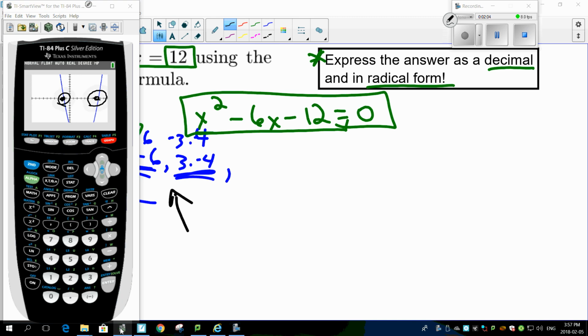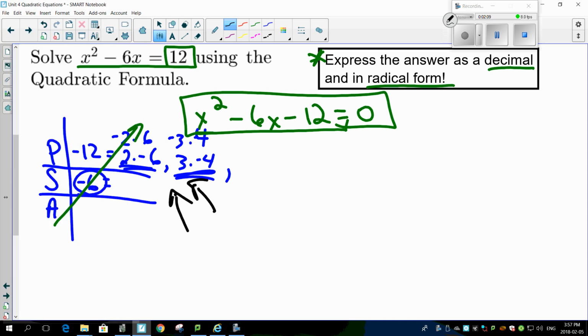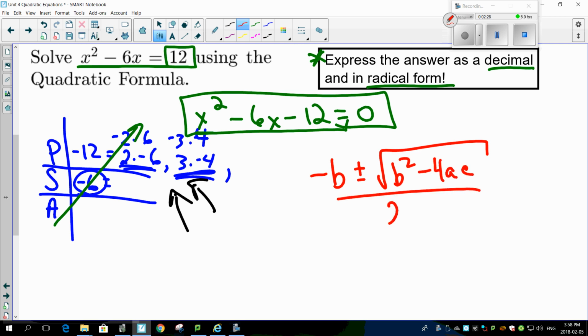They'll be decimals and so on. PSA, this kind of method, allows you to find nice whole numbers, or nice negative integers, but not decimals. That's the limitation of PSA. That's why the quadratic formula of minus b plus or minus square root of b squared minus 4ac over 2a becomes incredibly handy. Very, very handy.